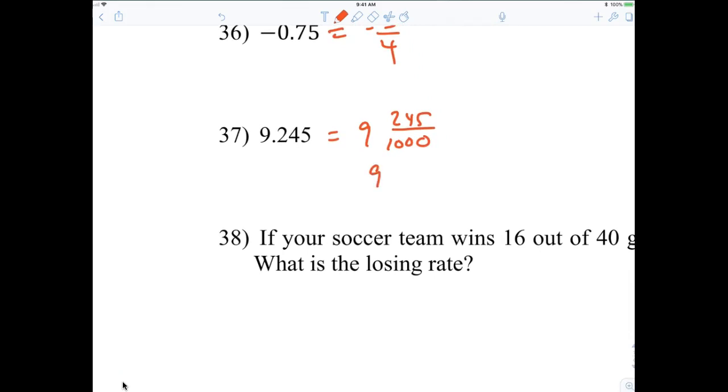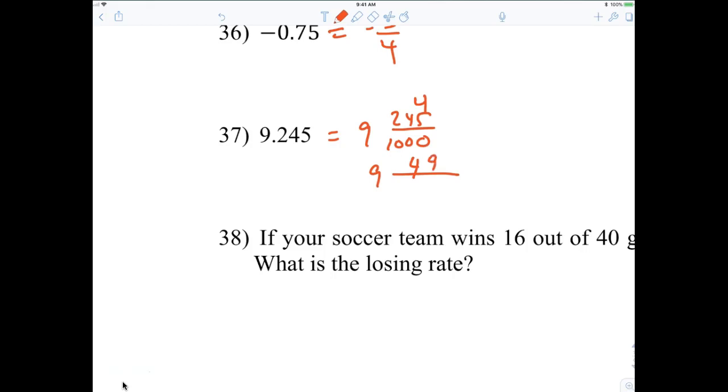So if I divide by 5, 5 goes into 24 with an extra 4. So now 5 goes into 45 how many times?